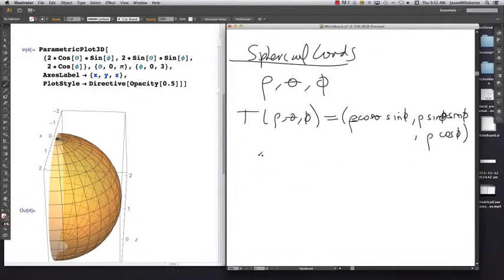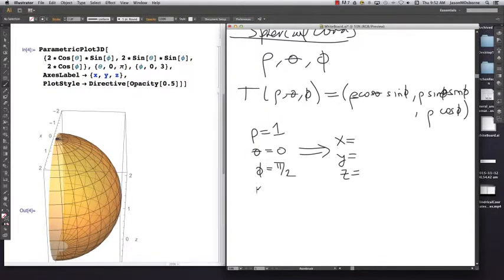And the idea here is that if you choose like rho is equal to 1, theta is equal to 0, phi is equal to pi over 2, right? And you want to figure out what's going on in the XYZ space. What I mean by that is we have three new variables, rho, theta, and phi.